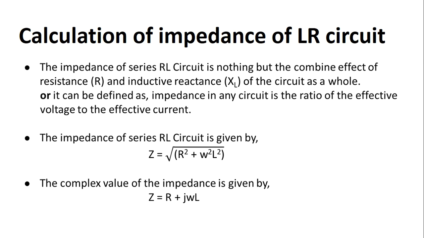The impedance of a series RL circuit is given by Z is equal to the square root of R square plus omega square L square.